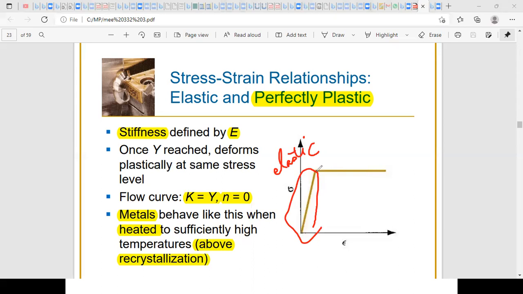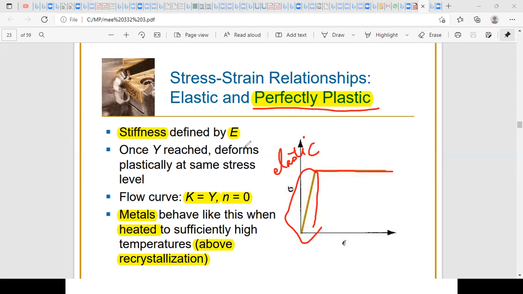Once you reach the yield point, it will deform in a very simple way, okay, without increasing stress. So this is a particular case called perfectly plastic, because I can cause an increase in deformation while maintaining a constant value of the stress.